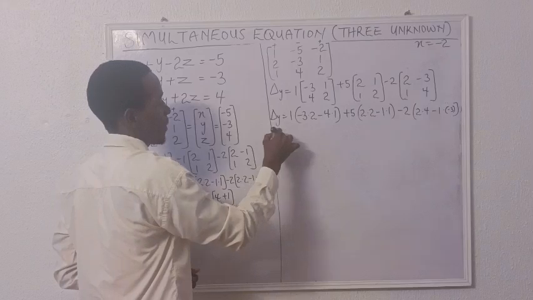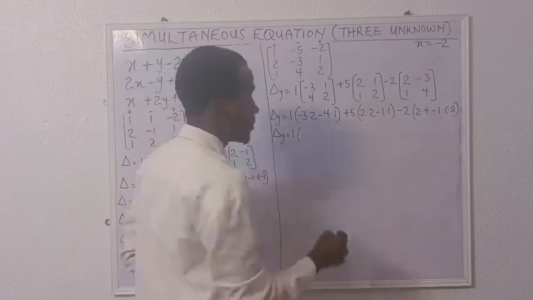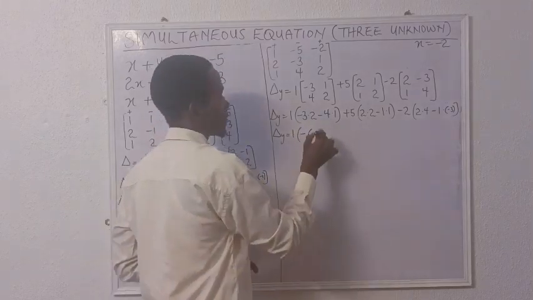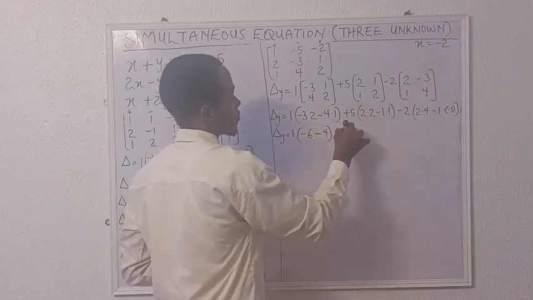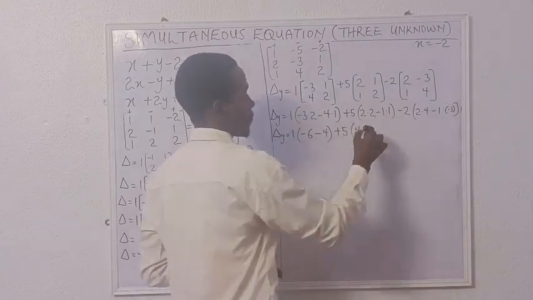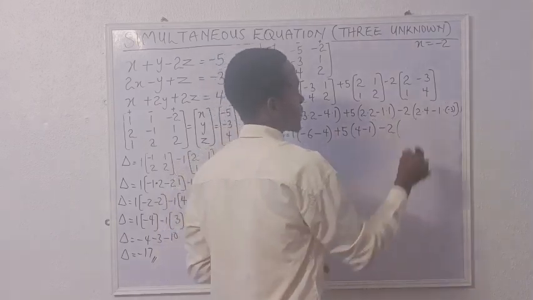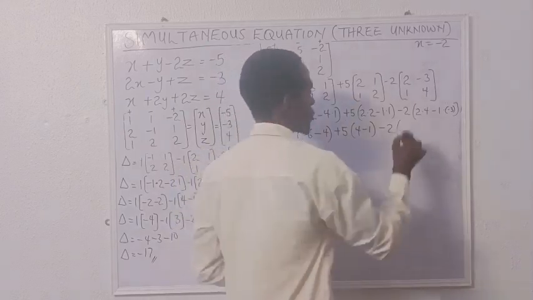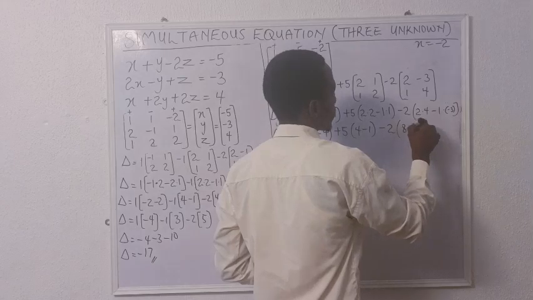So my delta Y, we have the 1 bracket minus 3 times 2 will give us minus 6. Minus 4 times 1 is going to give us minus 4. Plus 5 bracket 2 times 2 is going to give us also 4, minus 1 times 1 is giving us 1. Minus 2 bracket 2 times 4 is going to give us 8, minus 1 times minus 3 is going to give us what?